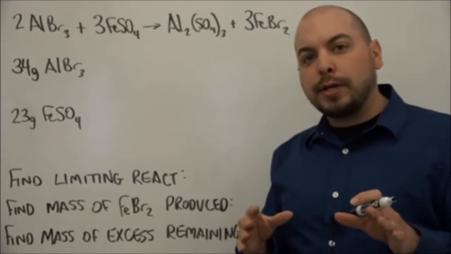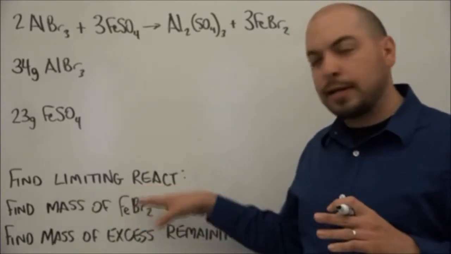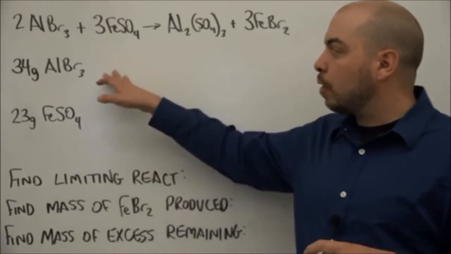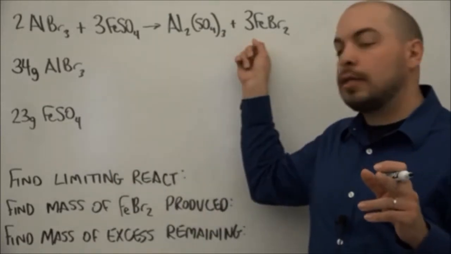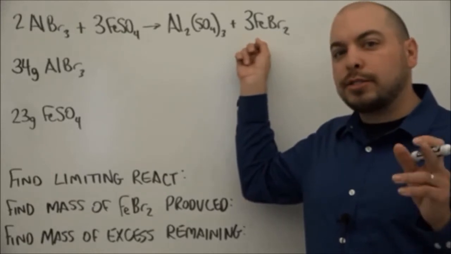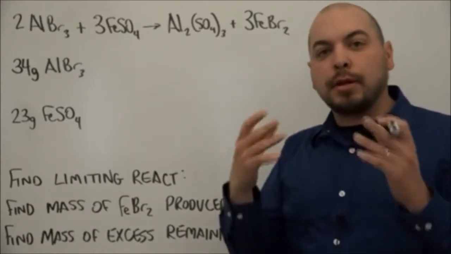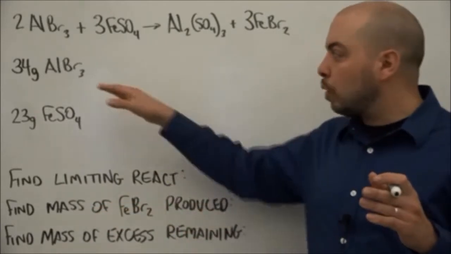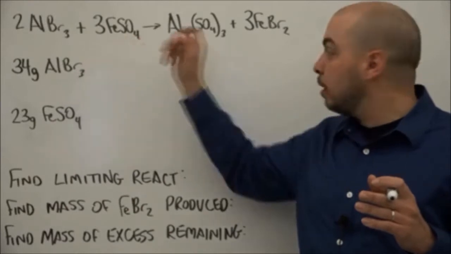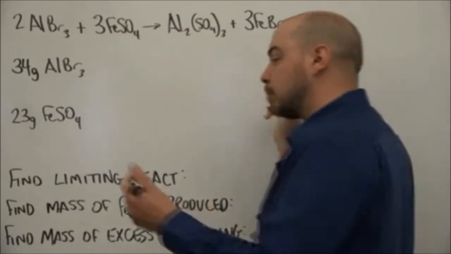So what we're going to do is combine two parts of the answer into one. We're going to go from grams of aluminum bromide straight into grams of iron bromide. This will allow us to find the number of grams of iron bromide, which will help us answer the second part. So we're going to use stoichiometry to go from grams of aluminum bromide to grams of iron bromide.